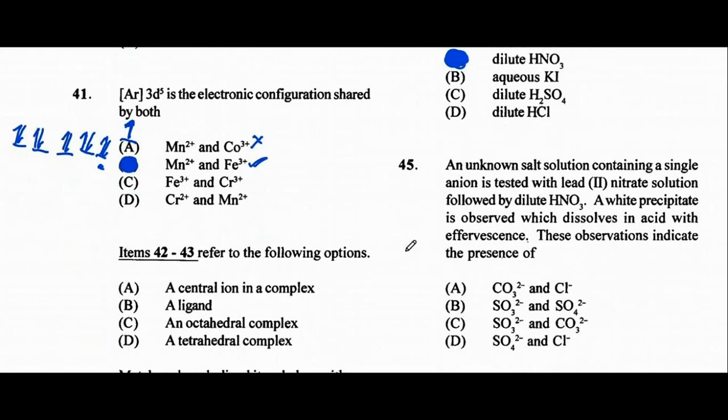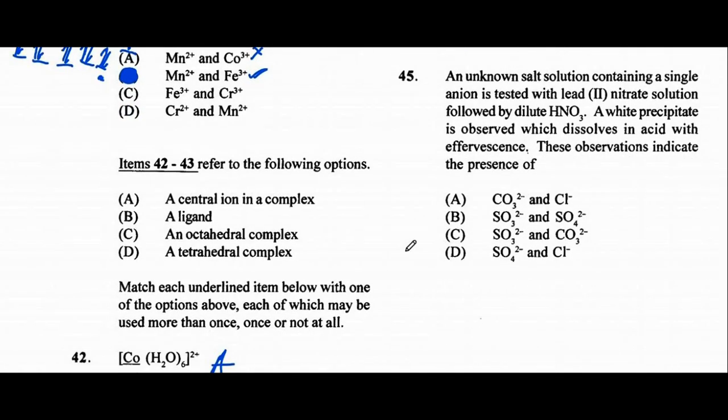Thank you. 45, an unknown salt solution containing a single anion is tested with lead 2 nitrate solution followed by dilute nitric acid, HNO3. A white precipitate is observed which dissolves in acid with effervescence. These observations indicate the presence of an anion that gives off gas to produce bubbles in the solution.